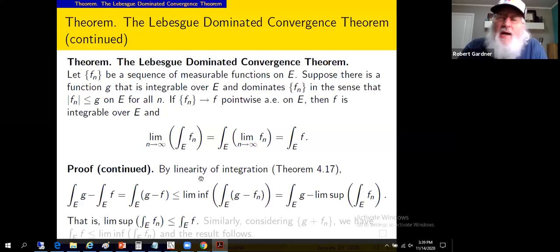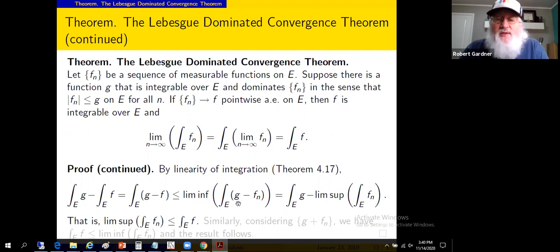So we can use our linearity result for integrable functions, Theorem 4.17. It says the integral of the difference is the difference of the integrals. Just do the obvious thing with the integrals there. It was Fatou's lemma that gave us this. Let's take that limit inside.